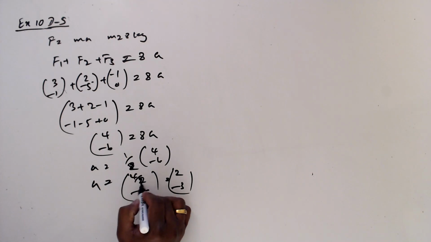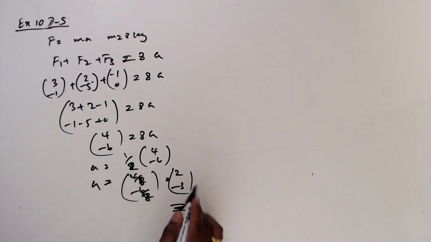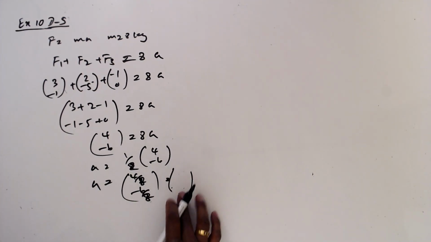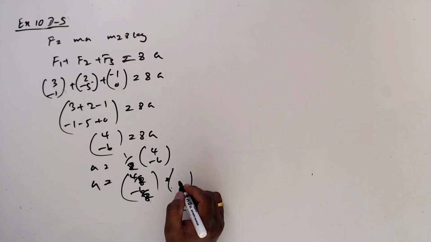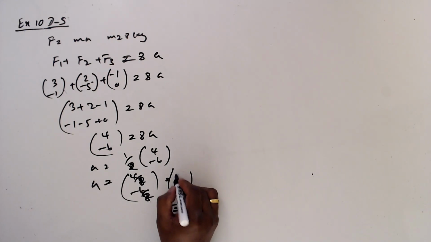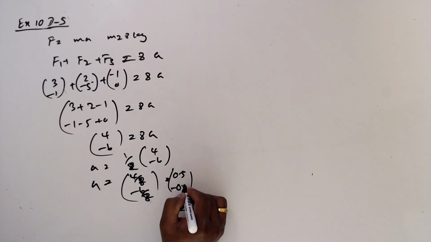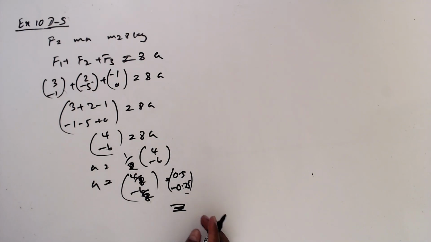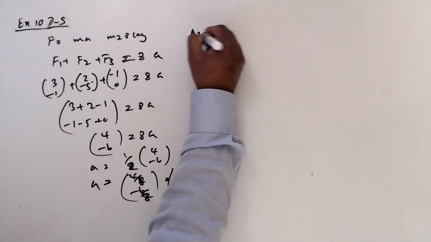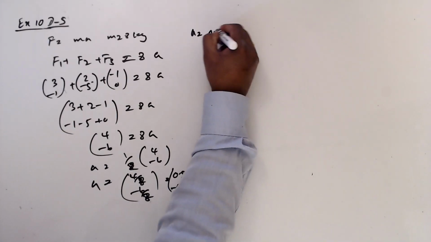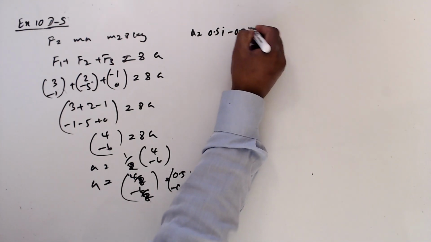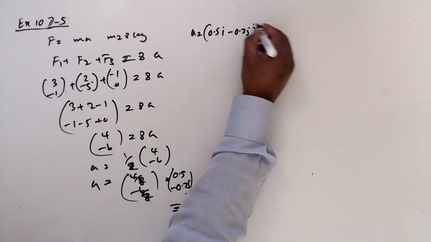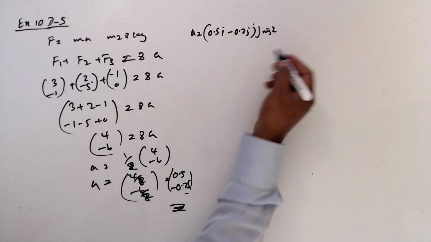So this is 4 over 8 and minus 6 over 8. 4 over 8 is half. 6 over 8 is 3 over 4. So this is 0.5 and minus 0.75. So a equals 0.5i minus 0.75j, with m equal to 8.